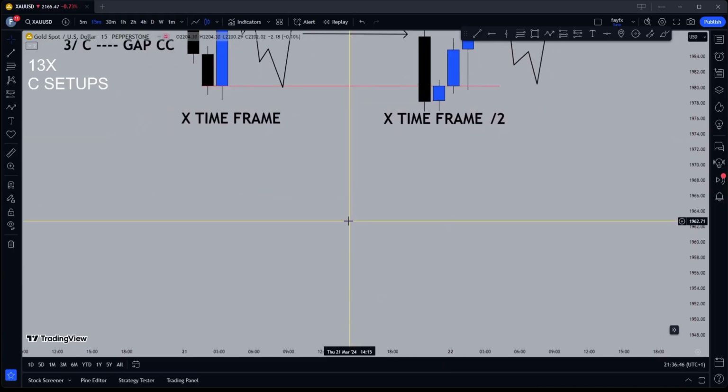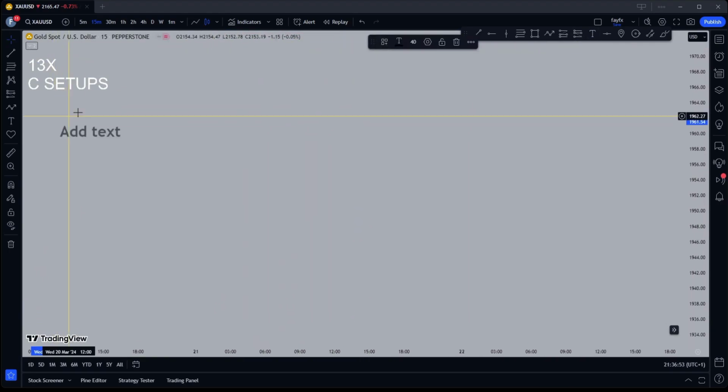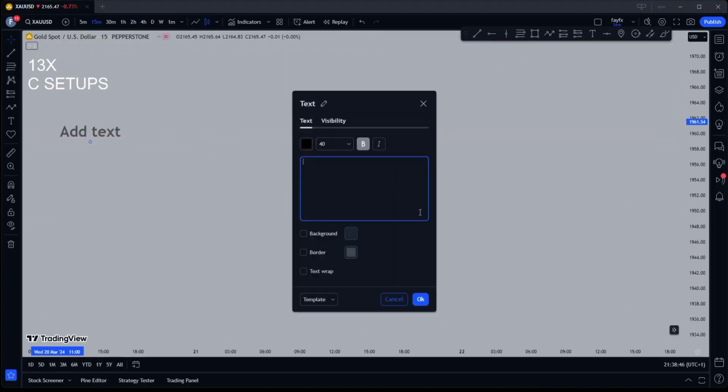Let's go for the fourth entry, the last one of the setups. The fourth entry and the last one is classic to gap breakout.